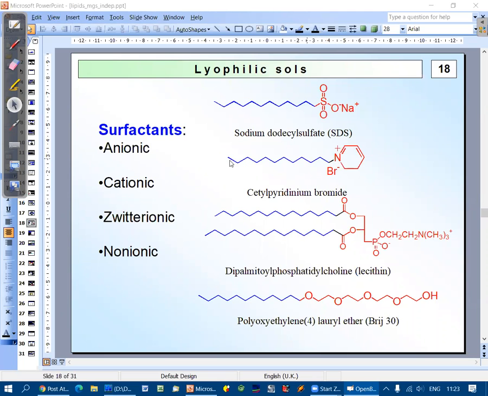And look, zwitterionic surfactant. I hope you recognize lipid. There is a mistake here, the absence of oxygen here, because it should be the residue of glycerol here. And there is oxygen between the atom of phosphorus, the residue of phosphoric acid, and the residue of glycerol.